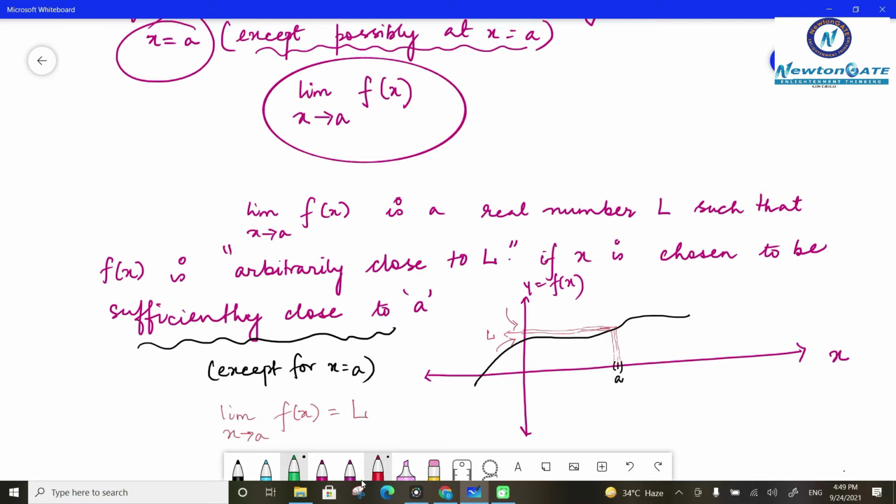We take a small neighborhood of the point a, and if the neighborhood of a is very close, so is the neighborhood of the real number L, and that is what is called the limit.